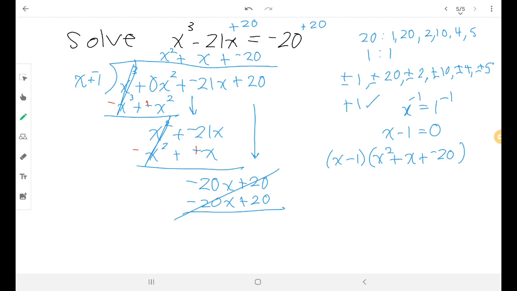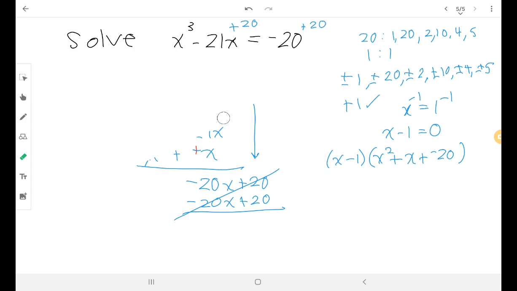Okay, there being no questions, I'm going to erase the long division and do the final part of this problem. So the last part of this problem is to set those two factors equal to 0 and solve.